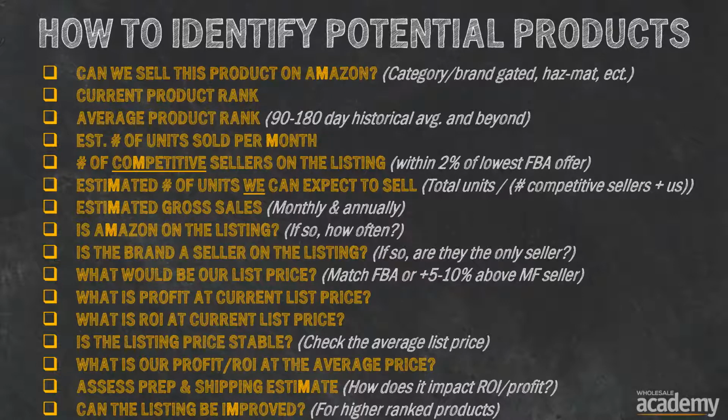Are the pictures good? How many pictures are there? Is the title good? Are there bullets? Is there a description? When you're looking at something that is not ranked so well but is profitable, you want to see if you can improve the listing to get it selling more and to turn that product around. And again, continuing education will have videos on that.